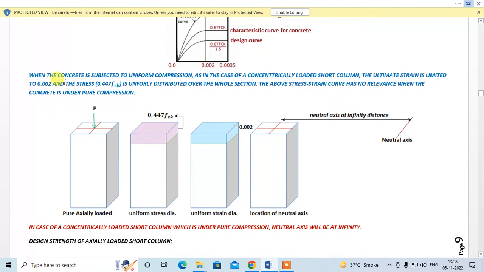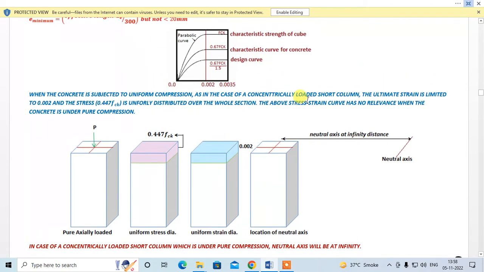Now, when the concrete is subjected to uniform compression, in case of a concentrically loaded column, the ultimate strain is limited to 0.002 and the stress 0.447 fck is uniformly distributed over the whole cross section. The above stress strain curve has no relevance when the concrete is under pure compression.